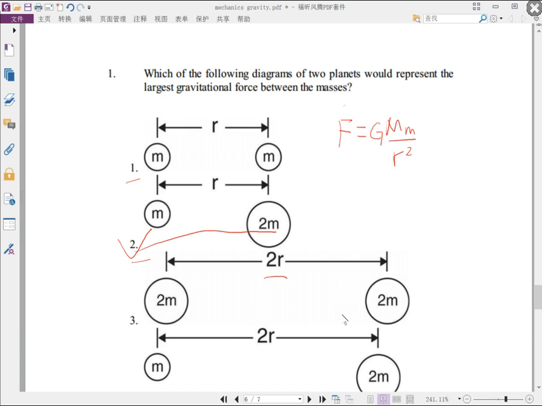Okay, 2m over 4r squared, which is the same as the first one. So the second one should be larger than this and larger than this. Okay, we still keep the second one. And all of the following should be smaller than the second one. So the right answer should be the second one.